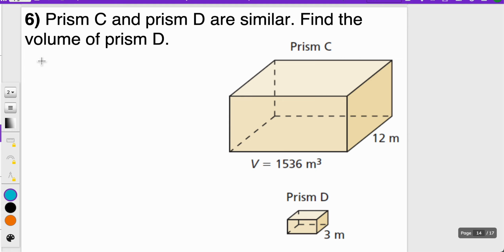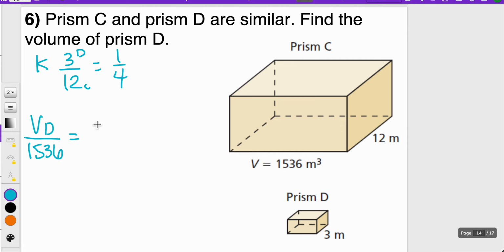So Prism C and Prism D, if you think about this, they have increased by 4 times the amount. So I'm going to use the scale factor of 3 to 12. That means I'm starting with Prism D and going to Prism C, so my scale factor is 1/4. So the volume of D over the volume of C, which is 1536, is equal to 1/4 cubed. If you went backwards, if you did C to D, that's fine.